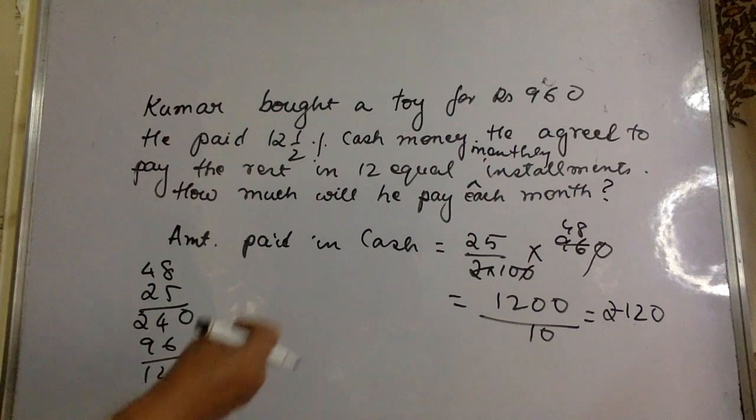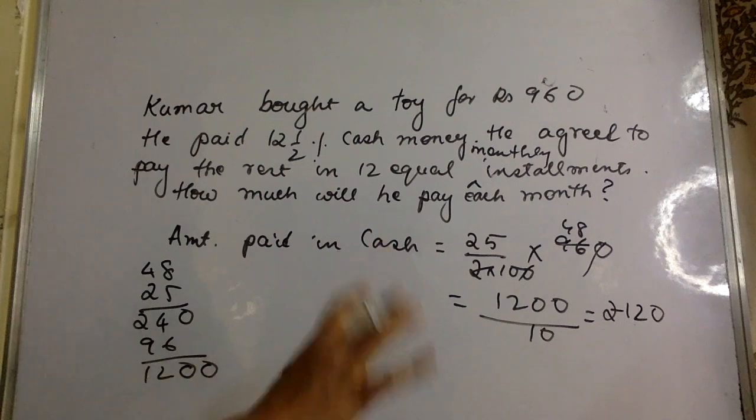So of the 960, 120 has been paid in cash.